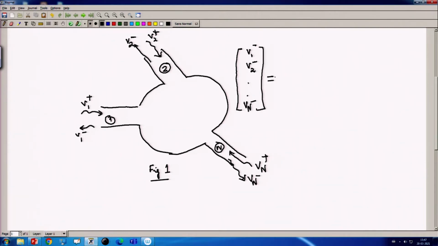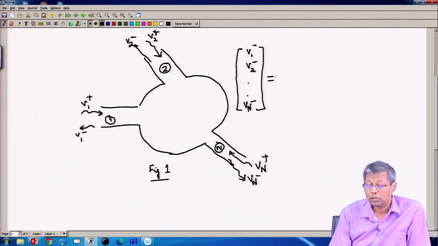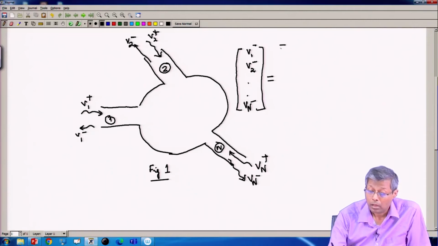So, the left hand vector constitutes the reflected voltage waves at port 1 through port N, and then we have the scattering matrix.